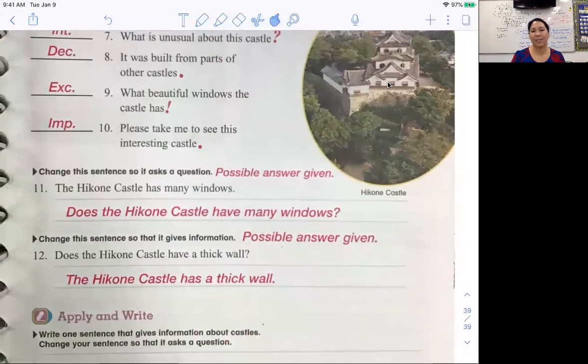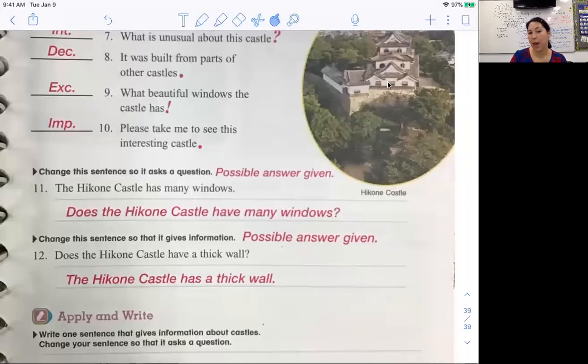And then these were the answers for 11 and 12. Now, see how it says possible answers given, because you could have more than one right answer. So when I talk with you, if yours doesn't match this, it's okay as long as it makes sense. So they changed the word has to does in number 11. Does the Hakone Castle have many windows? Instead of has the Hakone Castle many windows? That sounds weird.